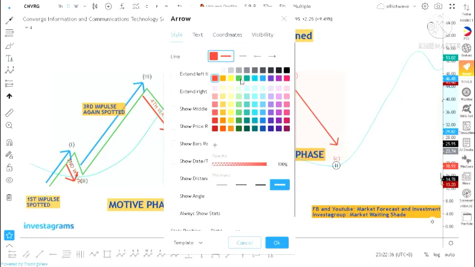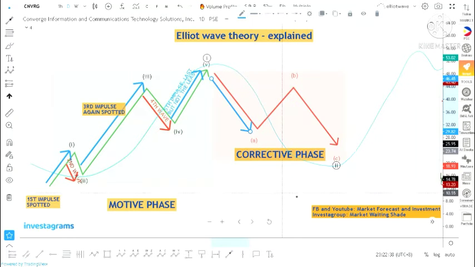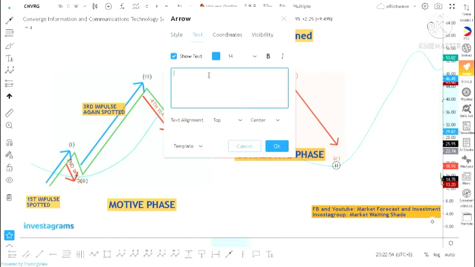So we color this as a wave. Since it is directed to the major downtrend or major corrective phase, even though it's directed downward, this is actually a wave A, which is an impulsive wave. We say impulsive wave A.